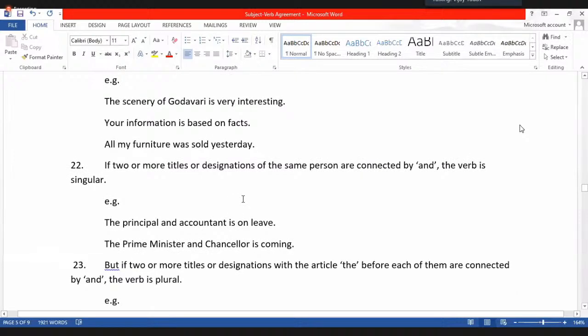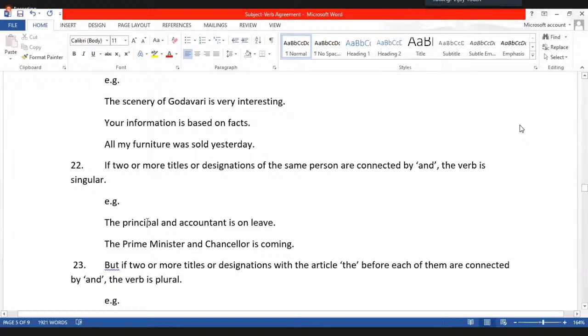See, number 22, that is in the subject. So two titles are given. That is two posts of the same person. If the same person has two posts, then for that we use singular verb. Right? See the example. Here you have the principal and accountant is on leave.